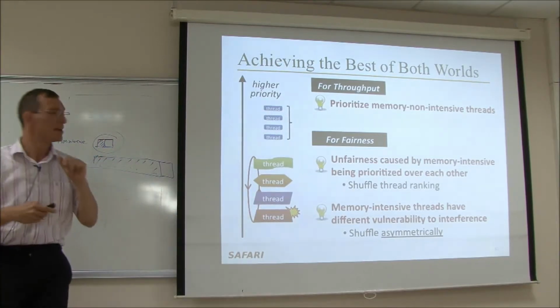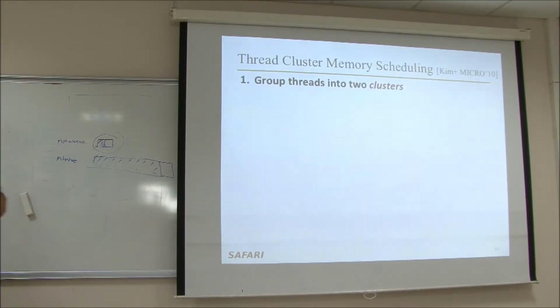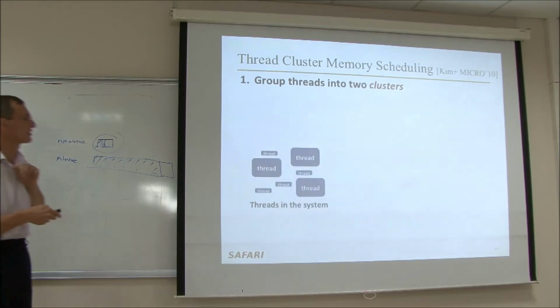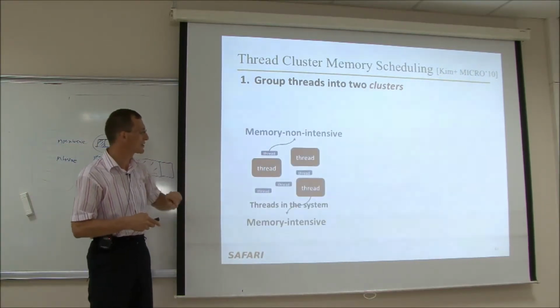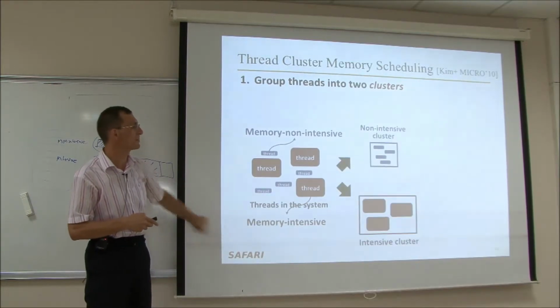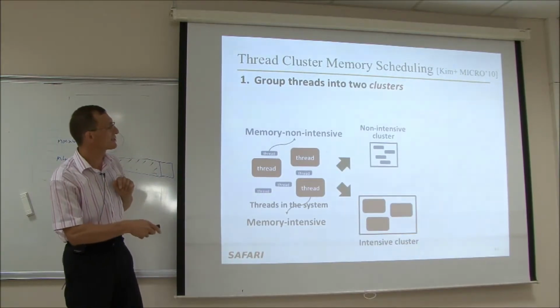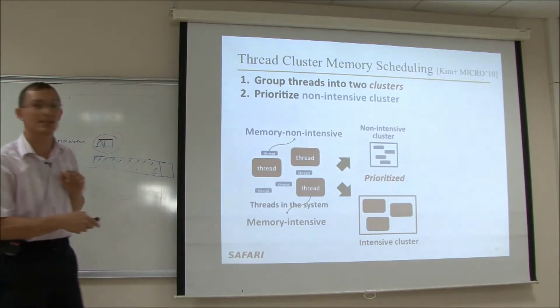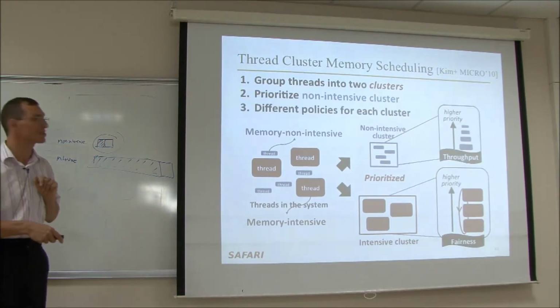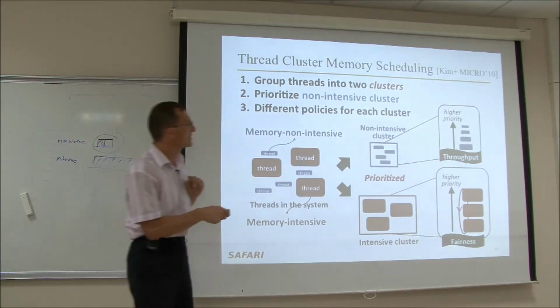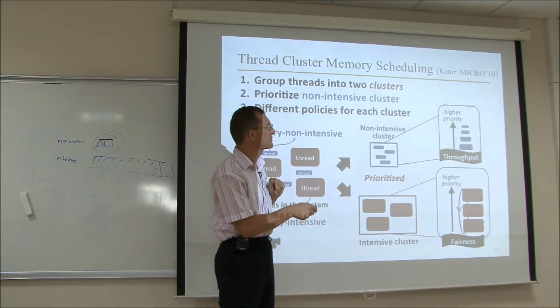We're going to group the threads into two clusters. Out of all the threads in the system, we're going to take the memory non-intensive ones and memory intensive ones, group them separately, prioritize the non-intensive cluster over the intensive cluster to maximize throughput, and employ different policies in each cluster. For the non-intensive cluster, we're going to prioritize threads based on their miss rates, based on their memory intensity.